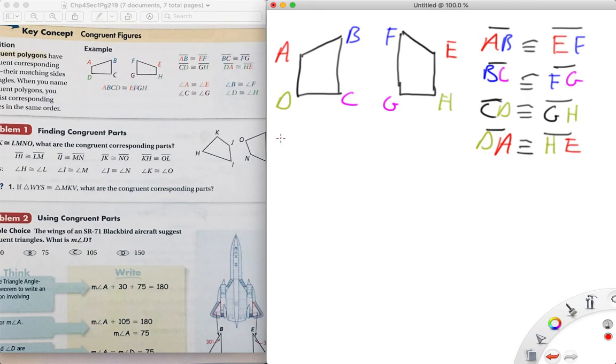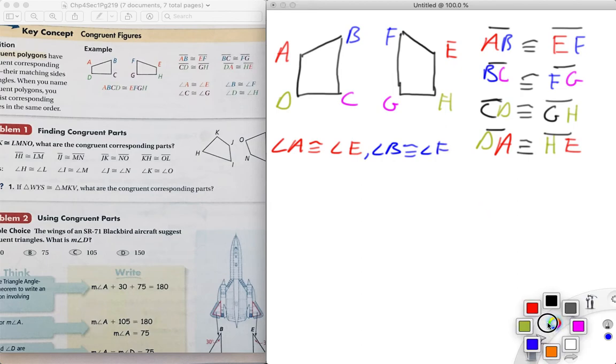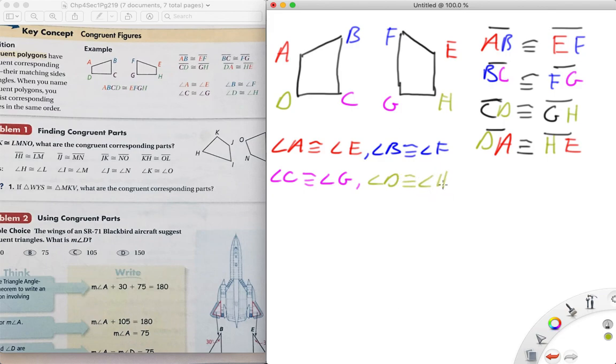We're also told that angle A is congruent to angle E. Angle B is congruent to angle F. We're given that angle C is congruent to angle G, and that angle D is congruent to angle H. So here's what we have.